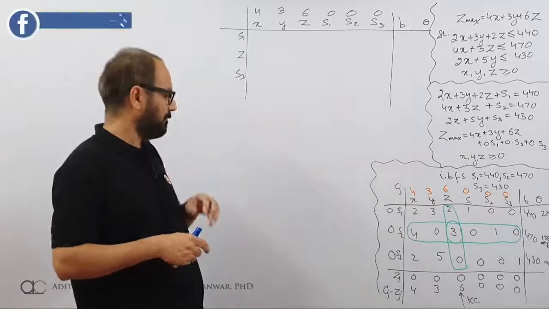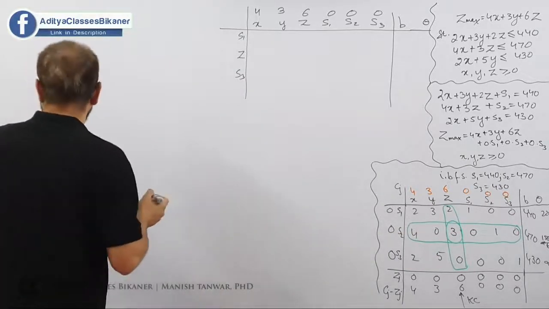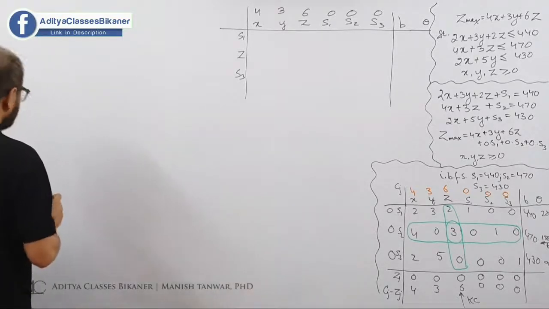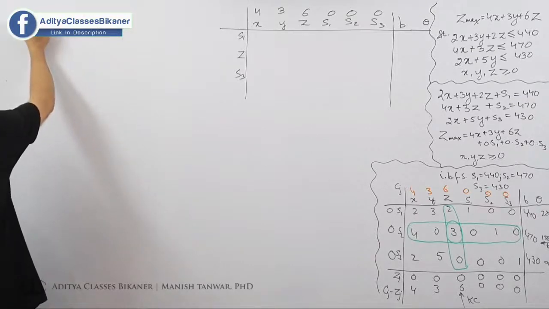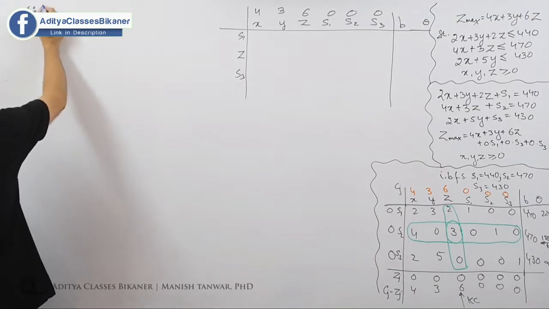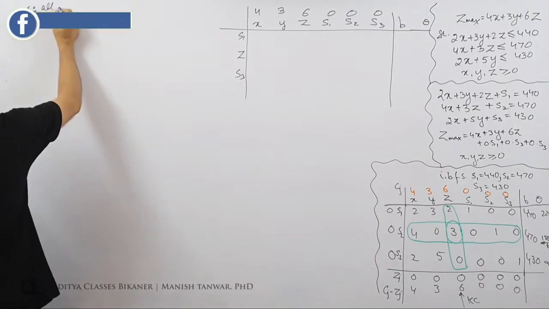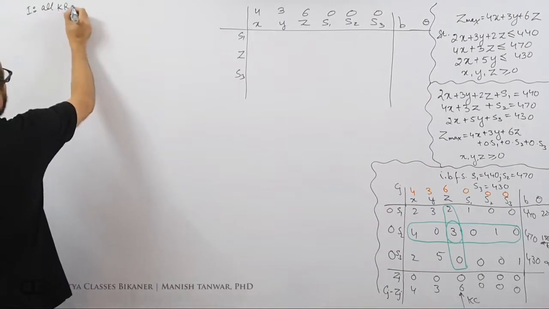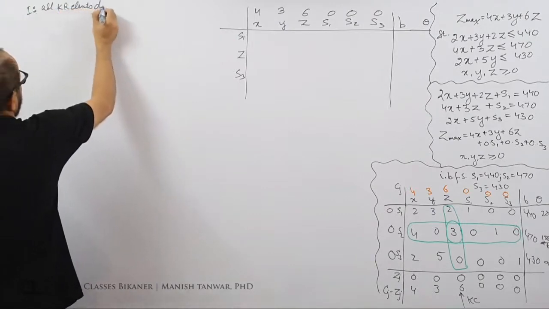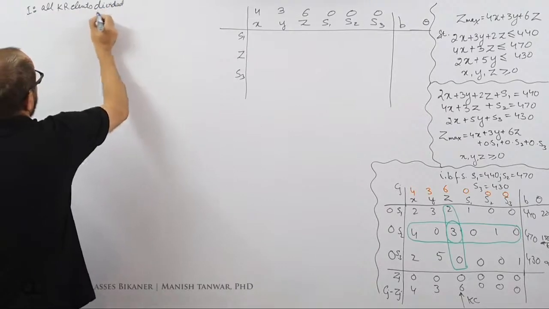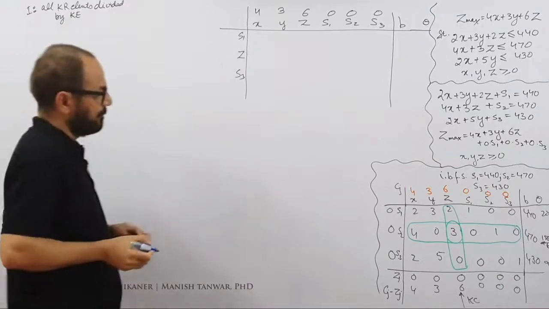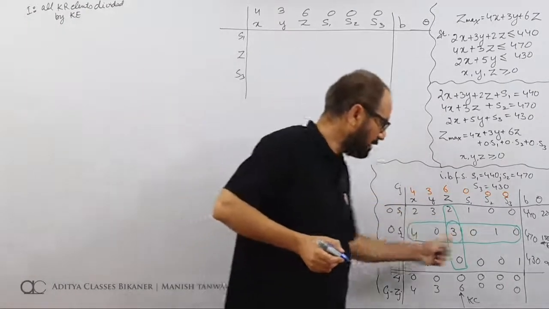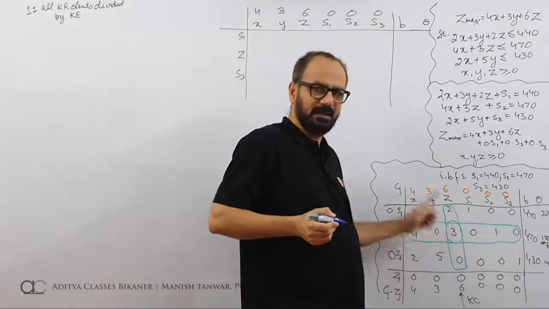Now if you remember, what were the formulae that we were making use of? I'll put it over here. The first one is for the key row: all key row elements will be divided by the key element.